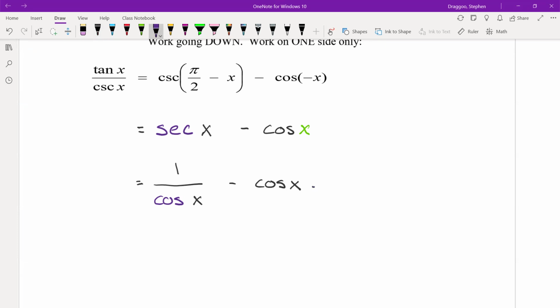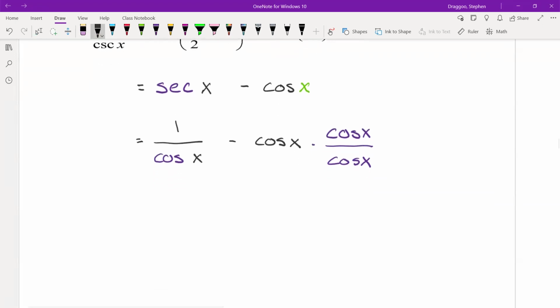That common denominator is cosine. So I'm going to multiply that right term by cosine over cosine, getting me to a new equation. 1 over cosine x minus cosine squared over cosine, all of x.